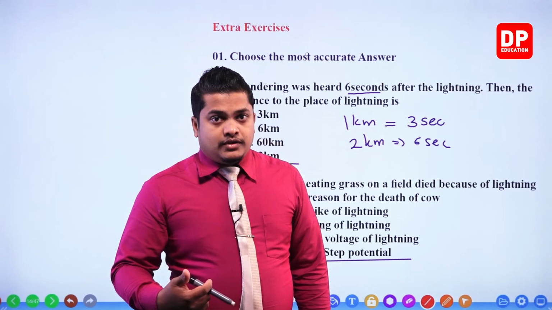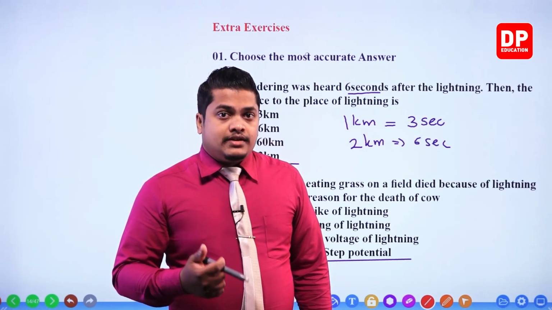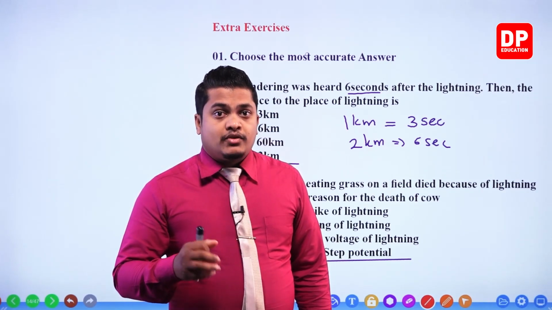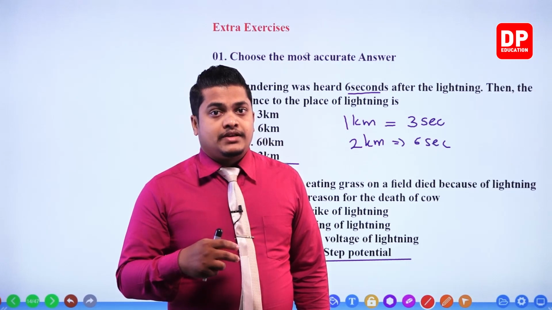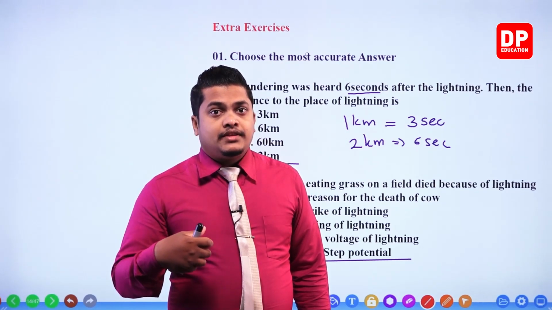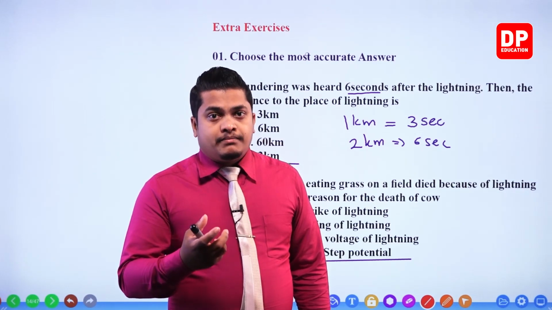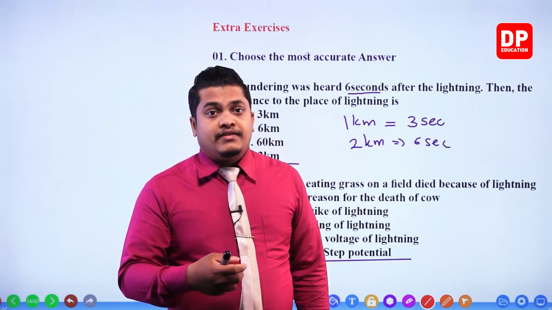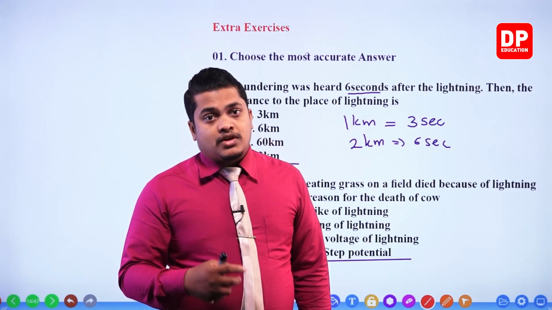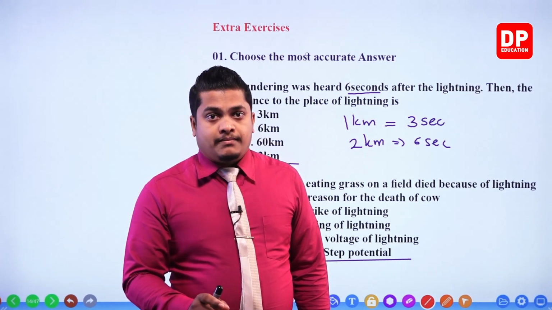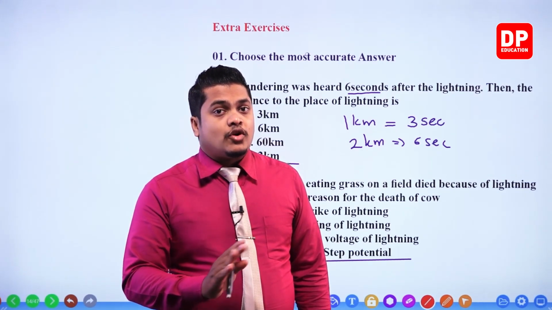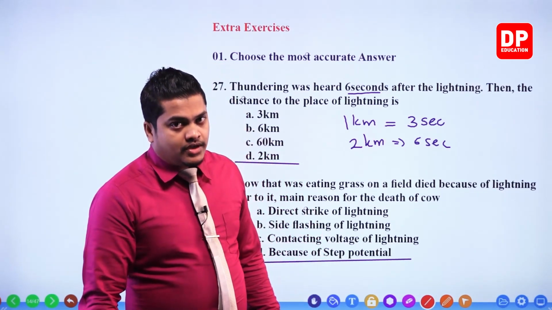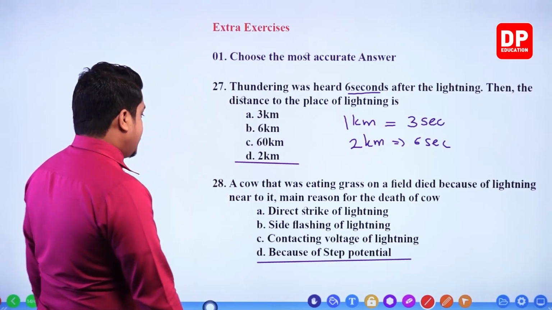Sometimes contact voltages may also come, because these cows are sometimes tied with pieces of metal rings, or covered with chains. But that kind of thing is not given in the question, so we have to go for the most accurate answer, which is the step potential. Okay, right.